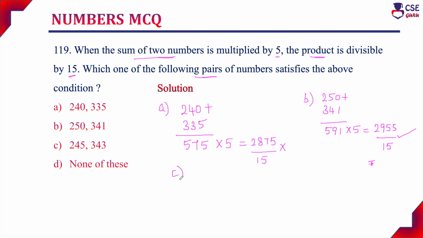Similarly, consider the third option. 245 plus 343, that is 588, and this 588 multiplied by 5, we will get 2940, and this is also divisible by 15. So, both options B and C are satisfying the given condition and are divisible by 15. So, we can choose any one option, whether it is option B or C. Both the options are correct. Any one we can choose.